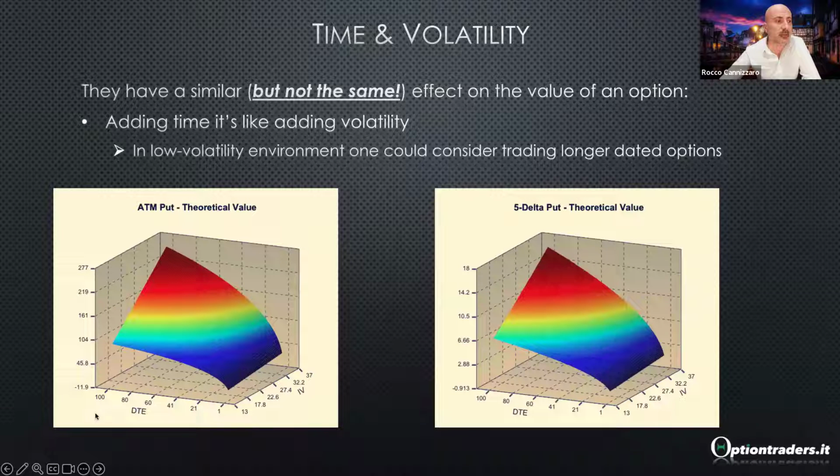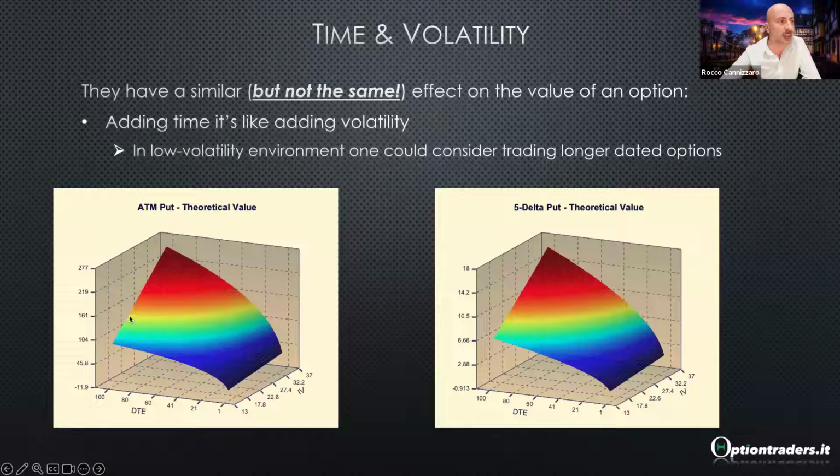On the x-axis, we have the time to expiration going from, let's say, 100 days to 0. And on the y-axis, we have the implied volatility. The color on the three-dimensional graph is basically showing you all of the points where the price of an option is always the same.